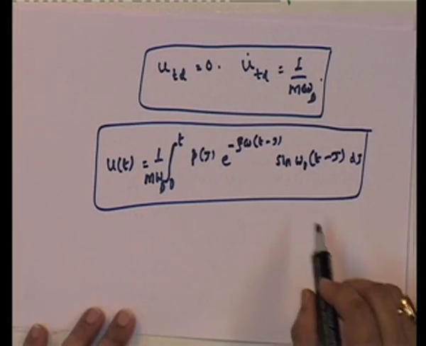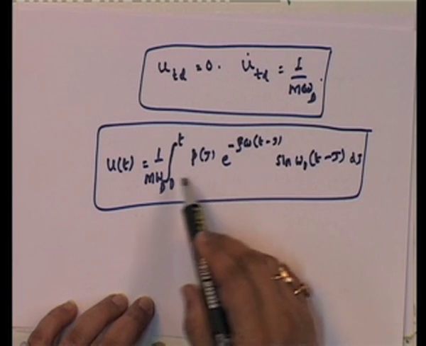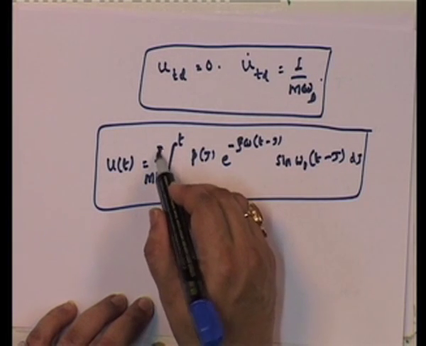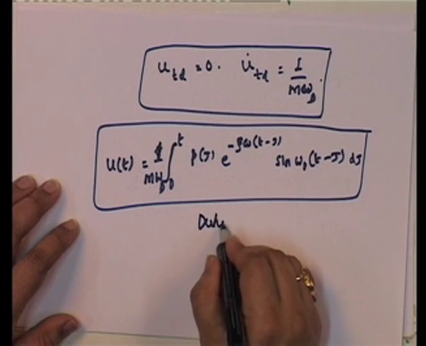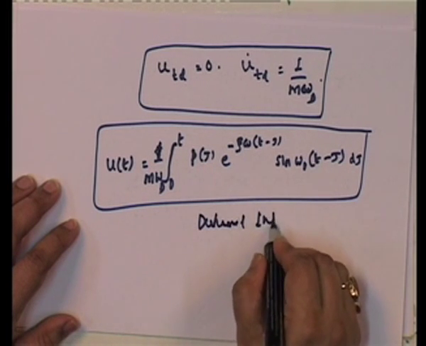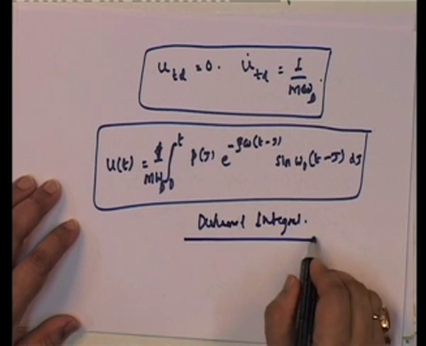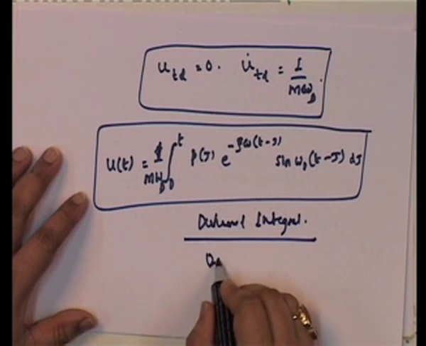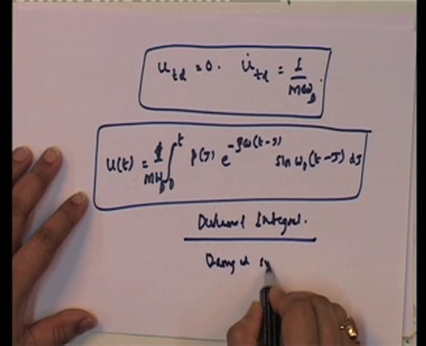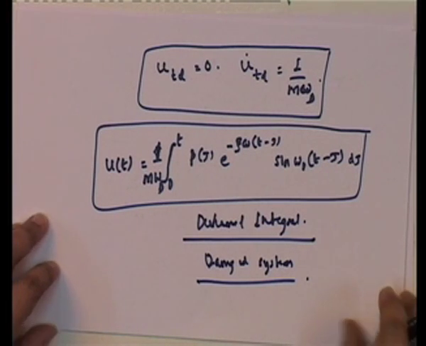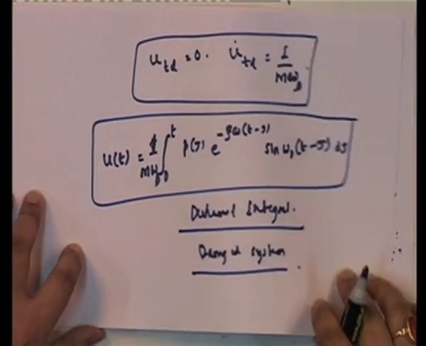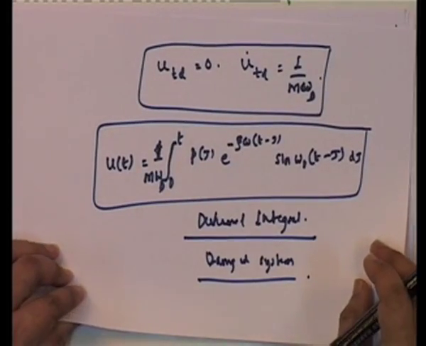Okay. This is nothing but the simple harmonic motion, and so this is p tau d tau. That is the Duhamel integral for a damped system. Okay. So, that in a sense is a brief overview of how from the impulse response you can get to this.